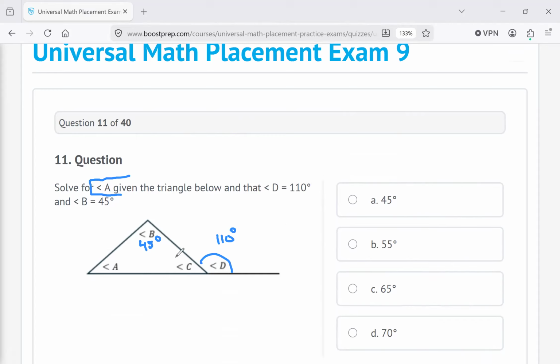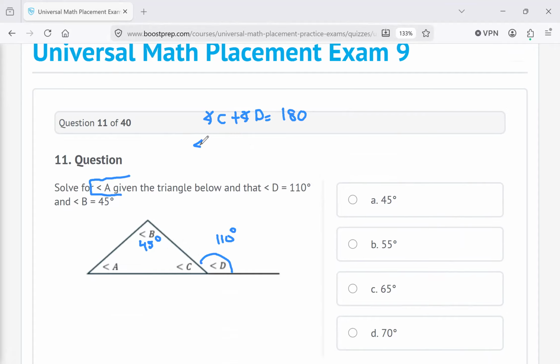I can't find angle A without finding angle C, right? So what do you see as the relationship between angle C and angle D? Angle C plus angle D is what's called supplementary because it forms a straight line. So that equals 180.